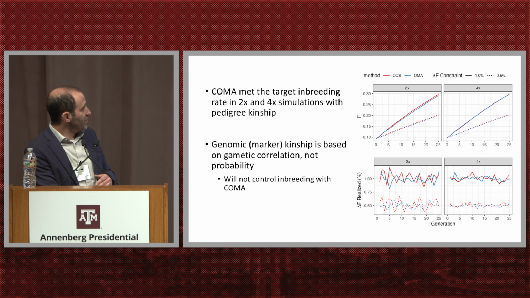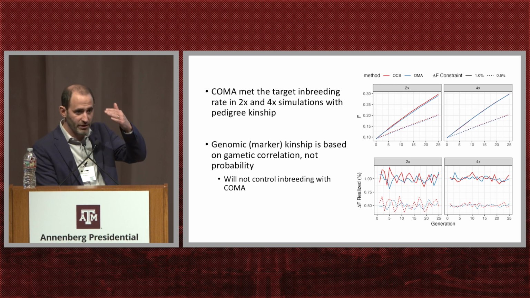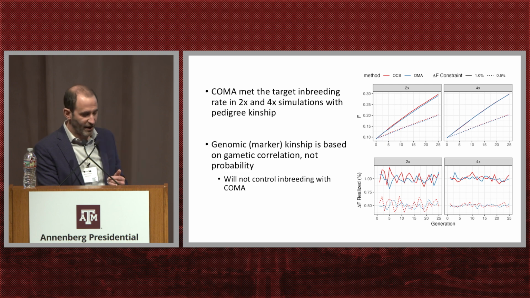It's a little easier to see: does it actually work as promised? At the bottom, this is plotting the realized inbreeding rate, right? You specify an inbreeding rate, then you can measure whether you achieved it. You can see it's bouncing around the target. The 1% simulation is bouncing around 1%, and the same for 0.5%. So it achieves the desired inbreeding rate.